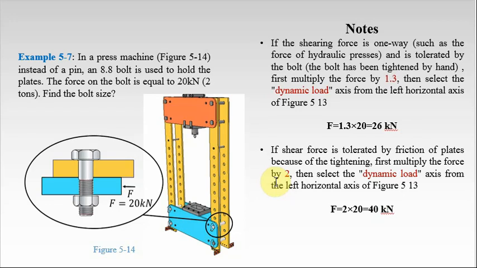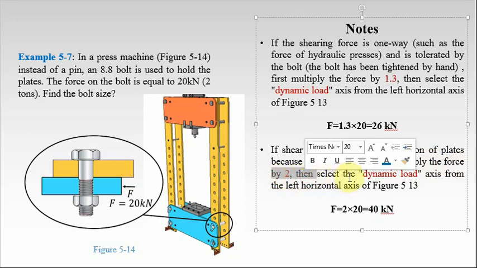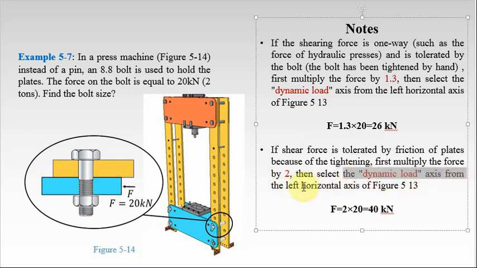However, in the second option, if the shear force is tolerated by friction of the plates because of the tightening torque, we tighten the bolt so that the friction force between the plates is able to tolerate the shear force. Therefore, first multiply the force by 2, then select the dynamic load axis from the horizontal axis of Figure 5.13.